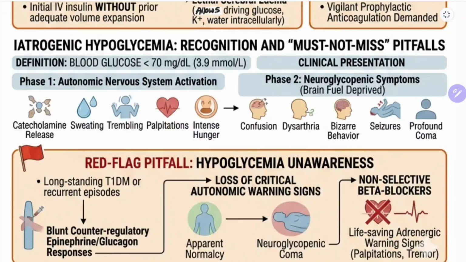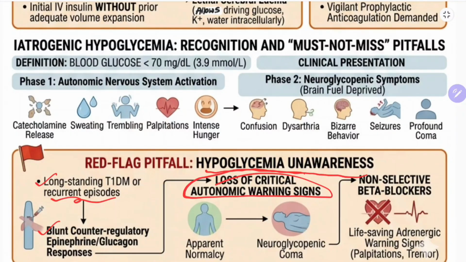Now, there is something called hypoglycemia unawareness. What is that? In a long-standing type 1 diabetes mellitus patient, or with recurrent episodes, with time there will be blunted counter-regulatory epinephrine and glucagon responses. So the patient will not have the initial autonomic warning signs.